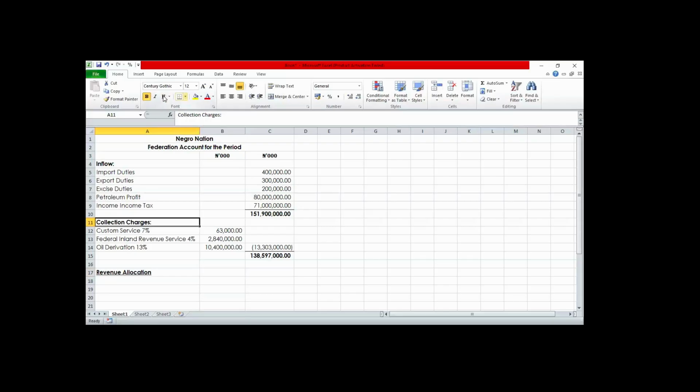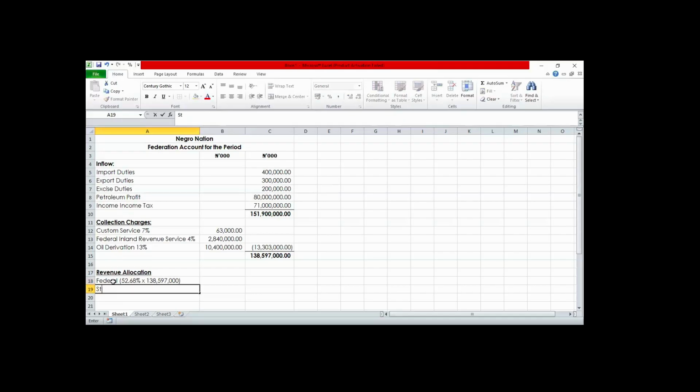Well, federal government, 52.68%. Now, that was what I was trying to explain, that when you look at that, the federal government will now be 52.68% times 138,597,000.